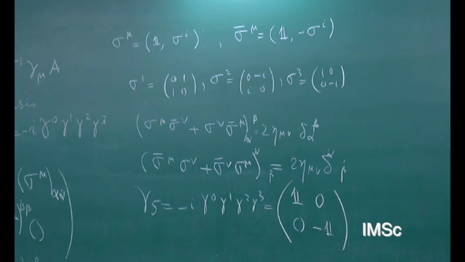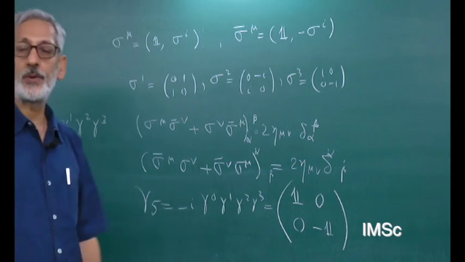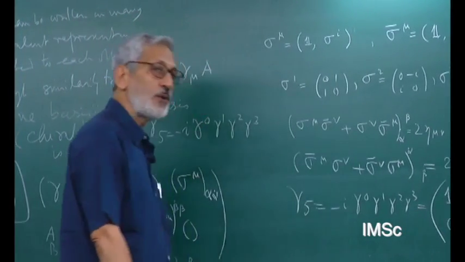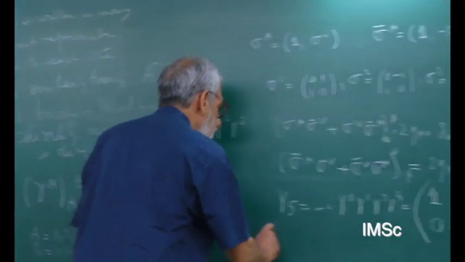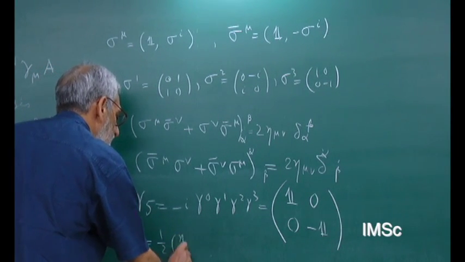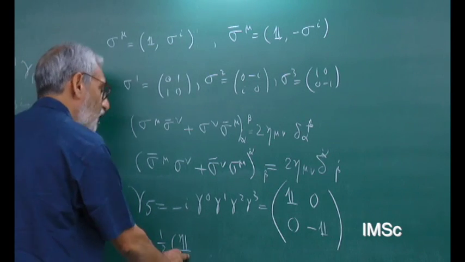So, if I want to pick up the left-handed and the right-handed projections of a Dirac fermion, I do that through the projection operators. So, the left-handed projection operator is 1/2 of the unit matrix plus gamma 5. This is a 4 cross 4 unit matrix.